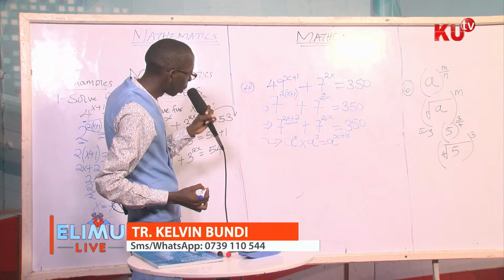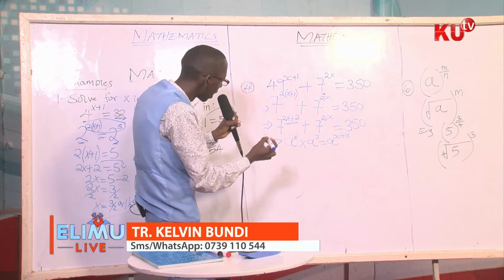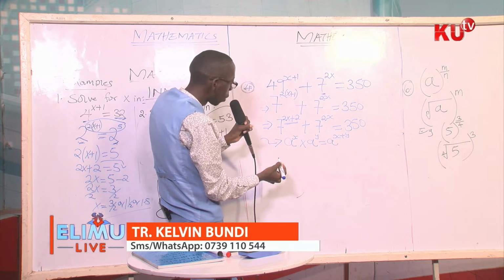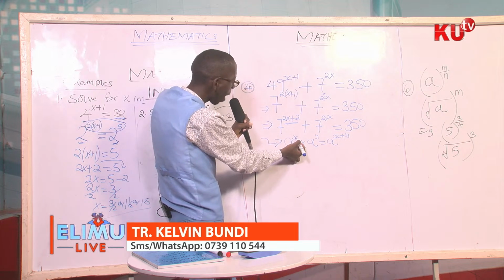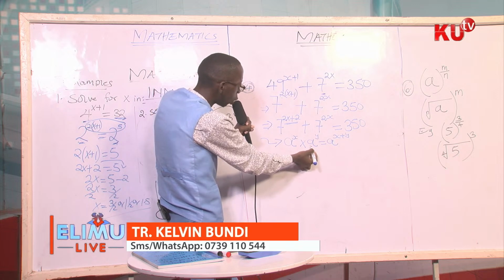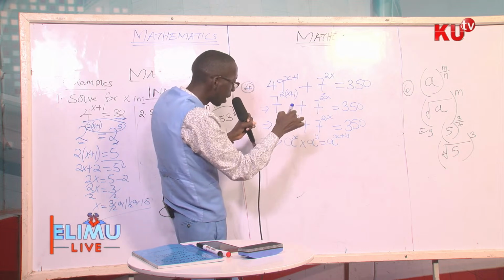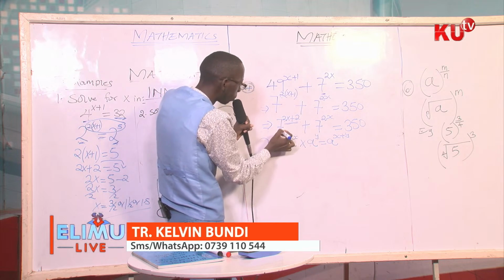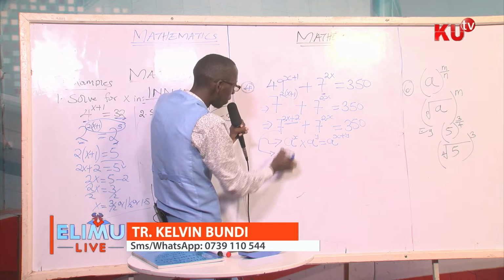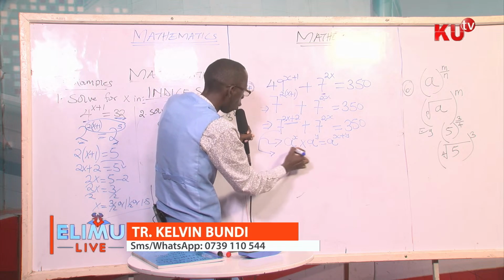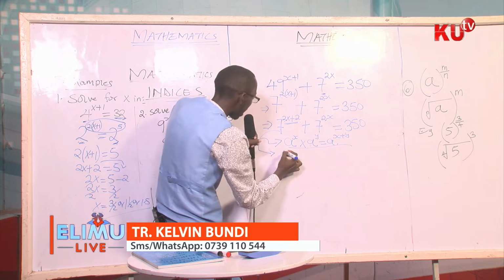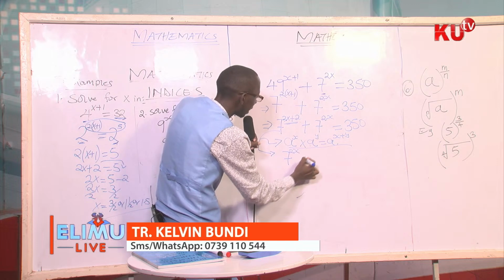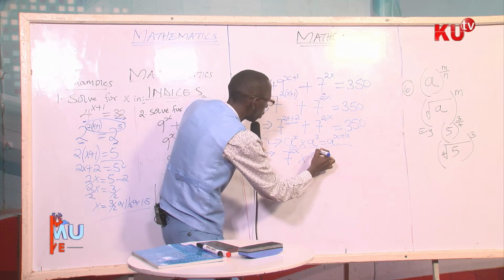You recall that law? Now that means a to power x plus y is equal to a to power x times a to power y, which means 7 to power 2x plus 2, applying this law, is the same as 7 to power 2x times 7 to power 2.